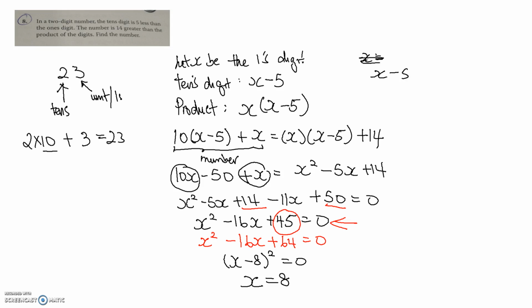When x equals 8, x minus 5 is 8 minus 5 equals 3. So the tens digit is 3, and the ones digit is 8. Therefore, the number is 38.